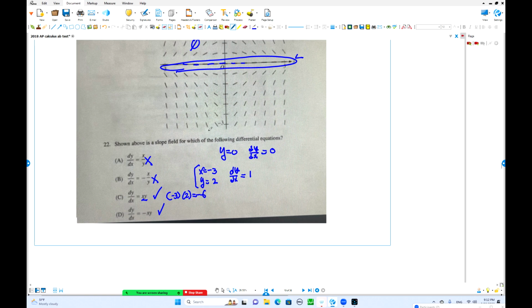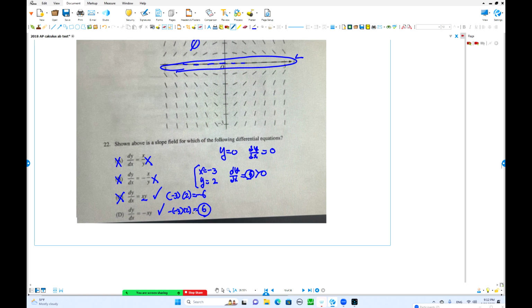But the slope here is about positive 1. That is not working. Now try the other: negative 3 times 2 is positive 6. There you go. Any positive is okay.